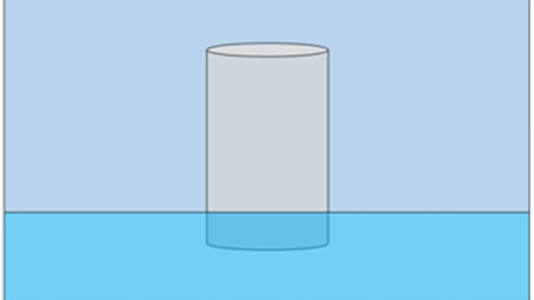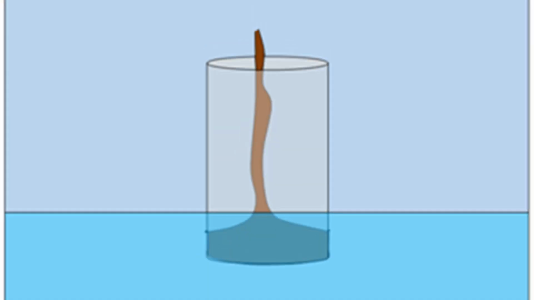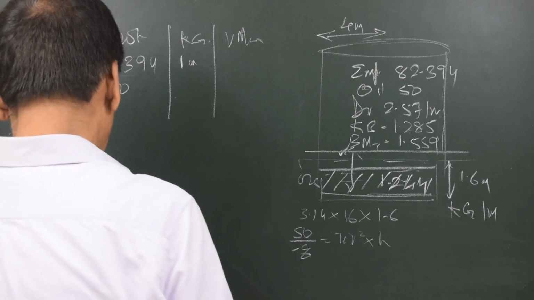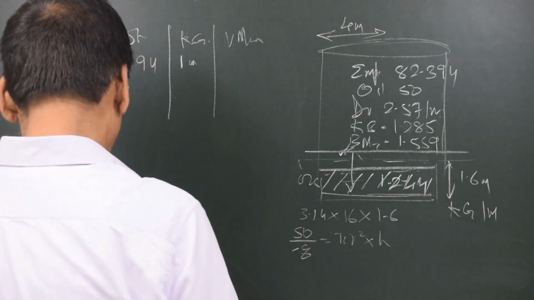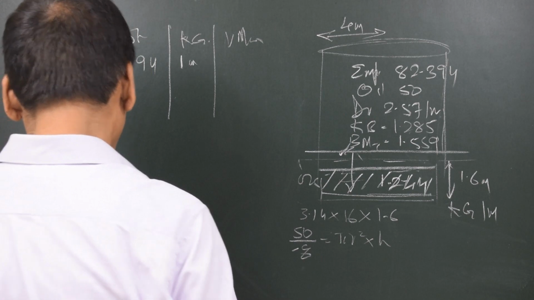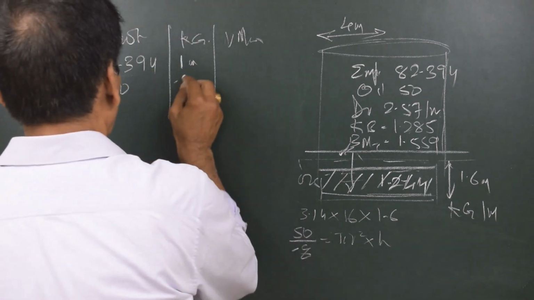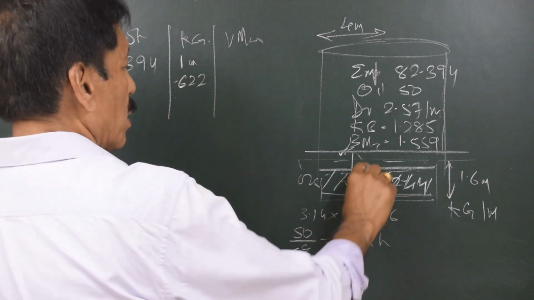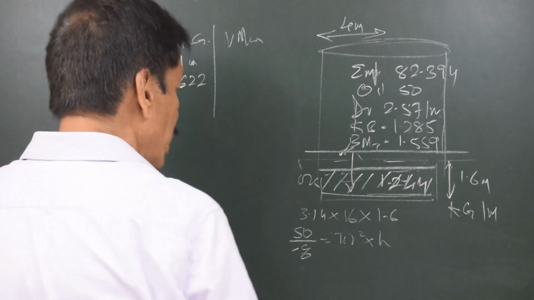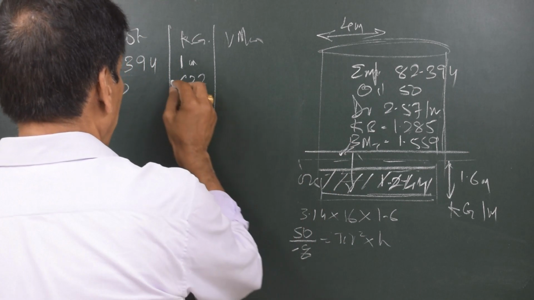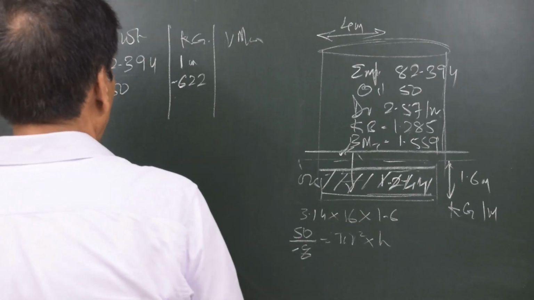When we pour 50 tons, so height of oil is 1.244. 1.244 divided by 2 gives me 0.622. If the oil is at the height of 1.244, the KG of the oil will be half of the height, that is 0.622, right?